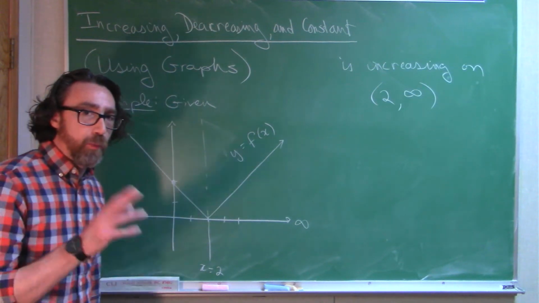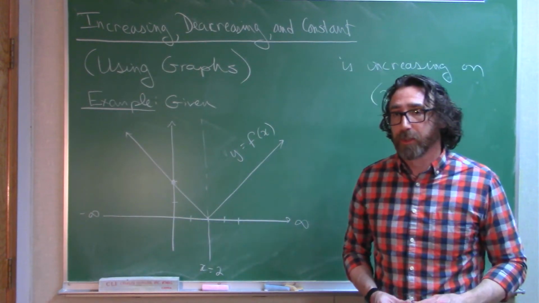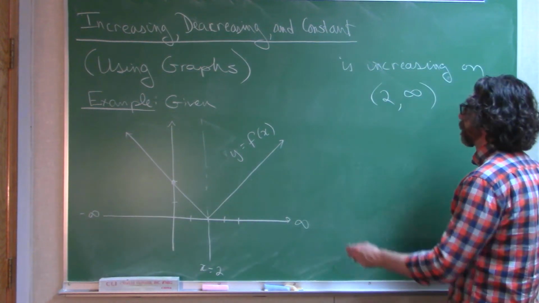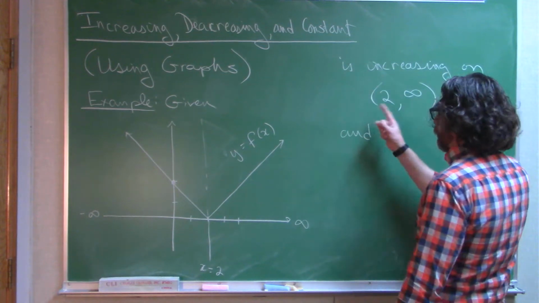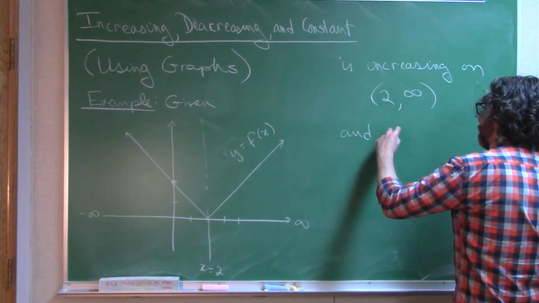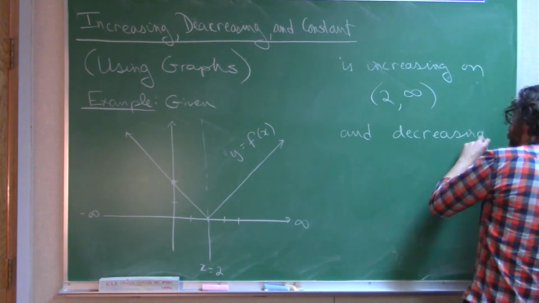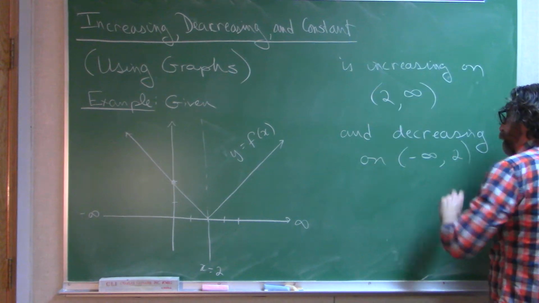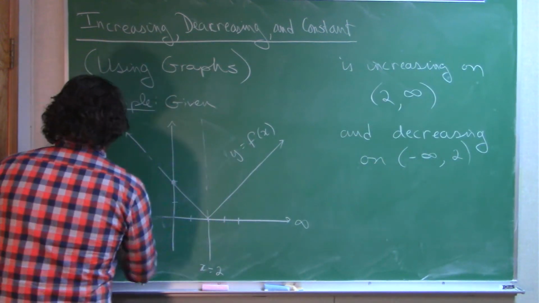And when we're talking about where a function is increasing, decreasing, and constant, we are talking about the portion of the x-axis where this stuff is happening. So this function is increasing on 2 to infinity and decreasing on negative infinity to 2. One more.